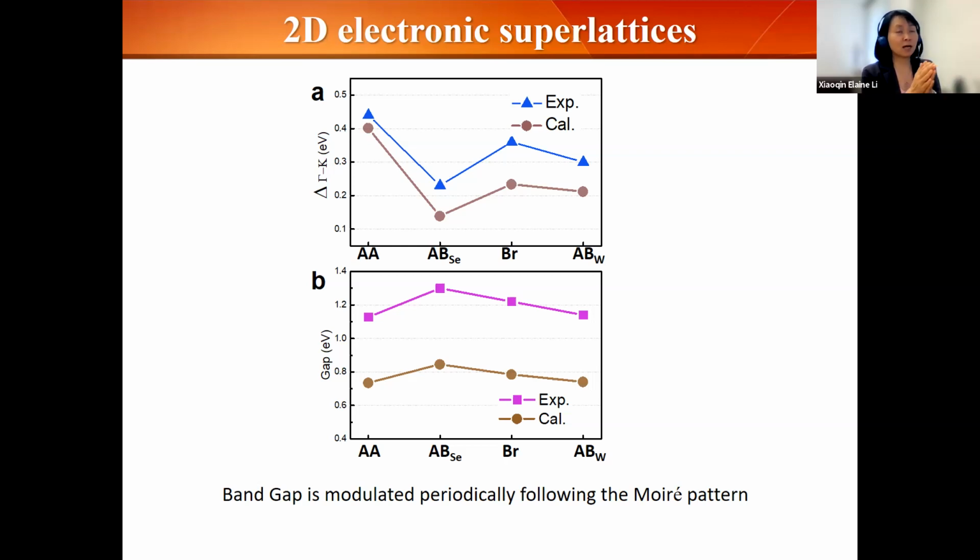How strain would modify this simple picture I just presented can vary, depending on the twist angle. I'll maybe get to that later today. So there is definitely strain, either intrinsic or extrinsic, in the Moiré superlattices.